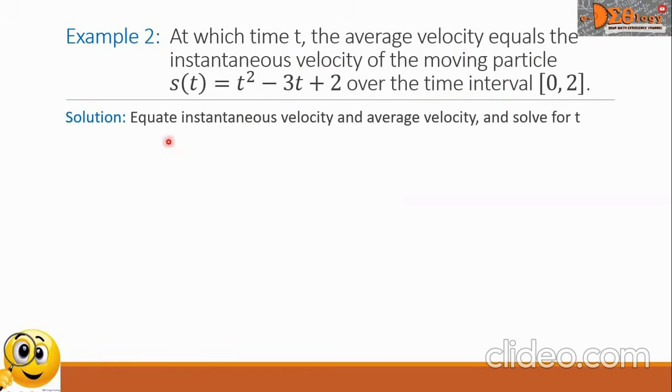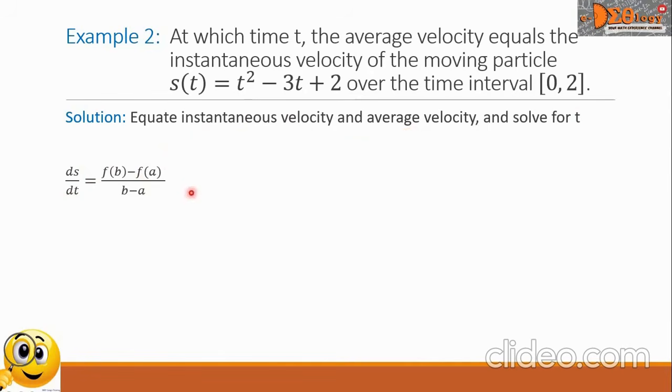For our solution, we will equate instantaneous velocity and average velocity and solve for t. So we will write here ds over dt equals f of b minus f of a all over b minus a. Take note that ds over dt is the instantaneous velocity, while the right side here is the formula for the average velocity.